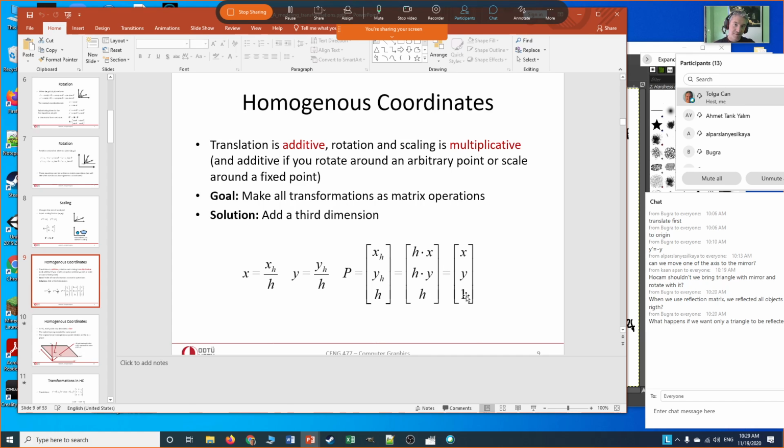But we'll see that this last entry will help us make transformations which are non-linear. This will be something really interesting. For example, let me write it here.